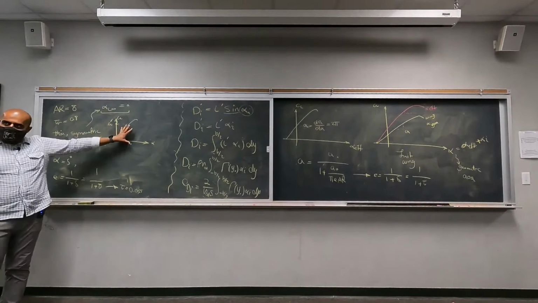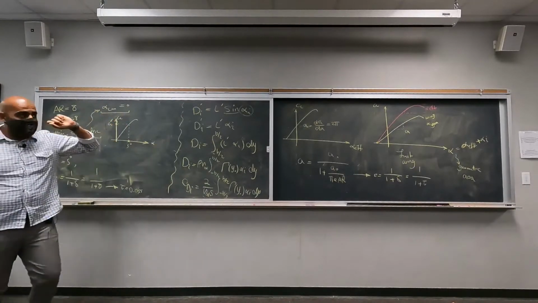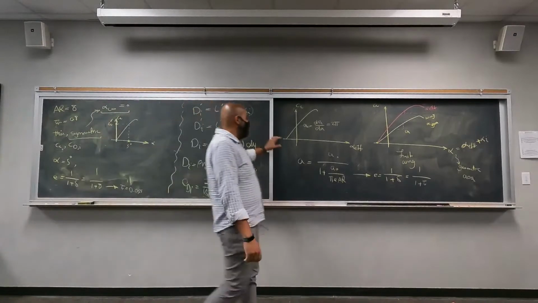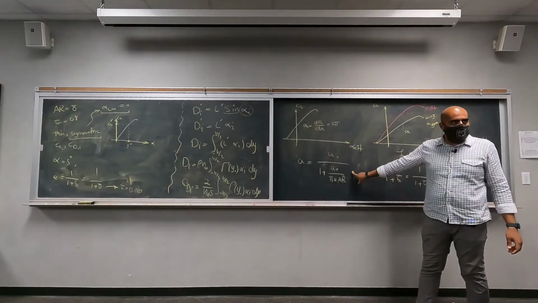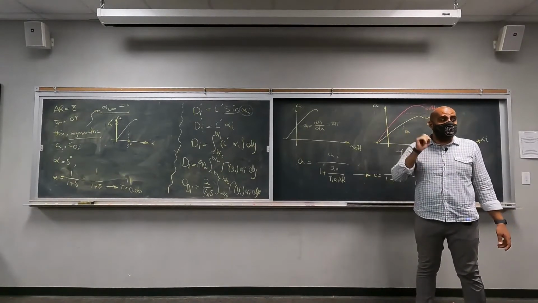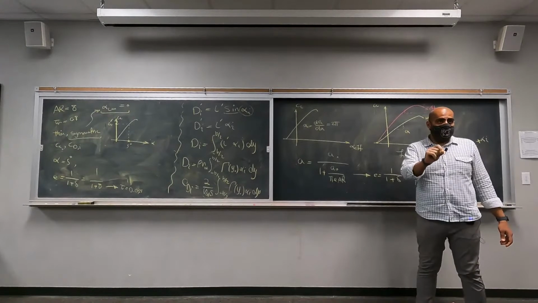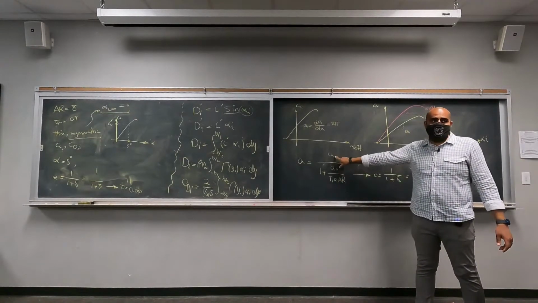This is CL versus geometric angle of attack for a finite wing. So we have to use this equation to find the lift slope, right? Since we are also told that we are using a thin airfoil, we already know A naught for a thin airfoil, right?